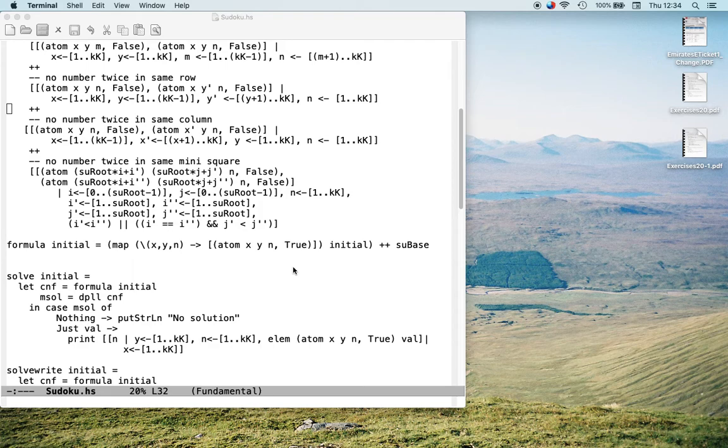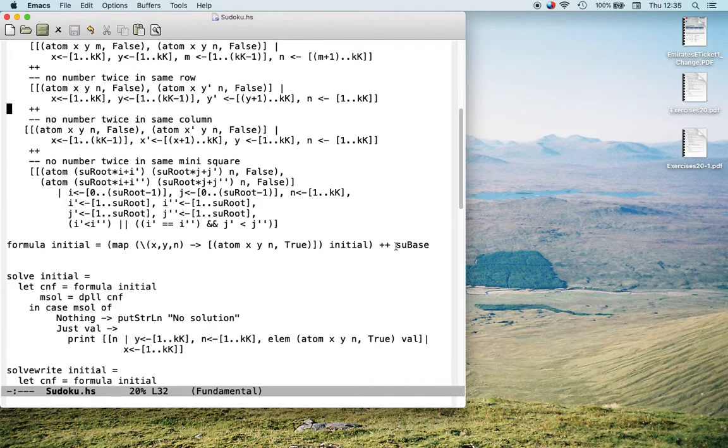But basically, what it does is it takes what's called the base, and these are the general constraints that apply to any 4x4 Sudoku problem. So this is going to be the 448 clauses you already have, and that's considered a conjunctive normal form, which is a list of clauses.